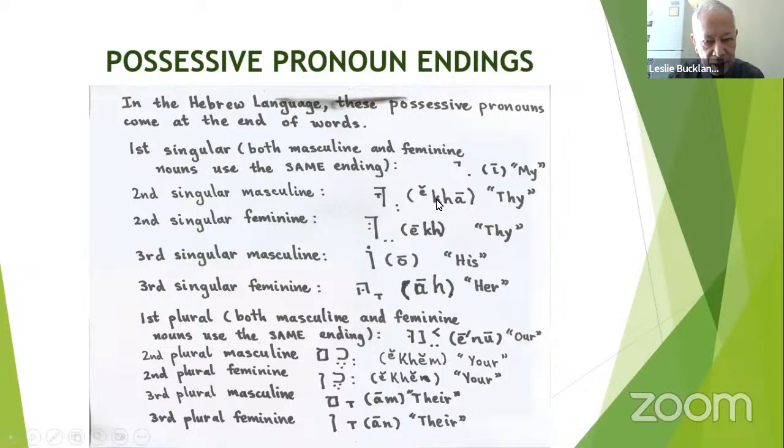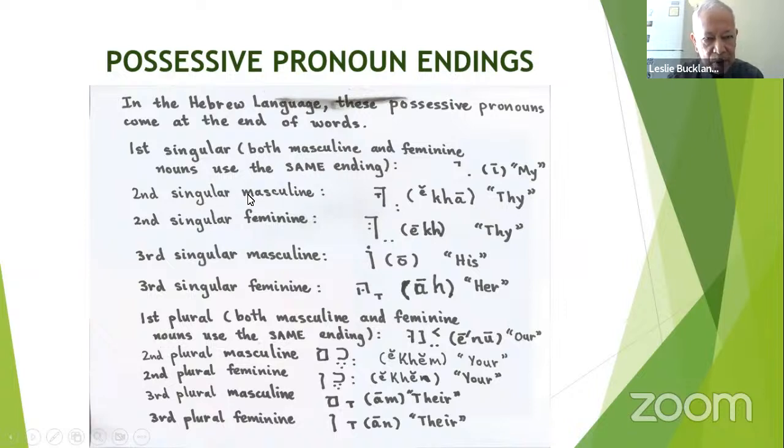And kaf has that KH sound. The simple shua has a short S sound, like in because, B-E-C-A-U-S-E, pronounced quickly. And in the kaf, there is a kames, which is a long ah sound. So it is eka.